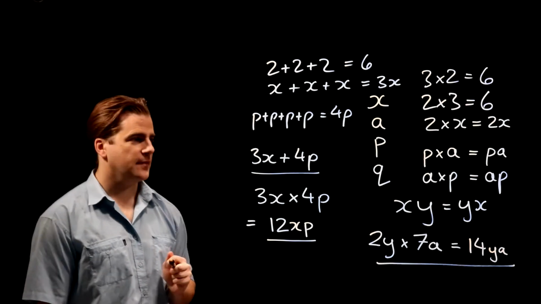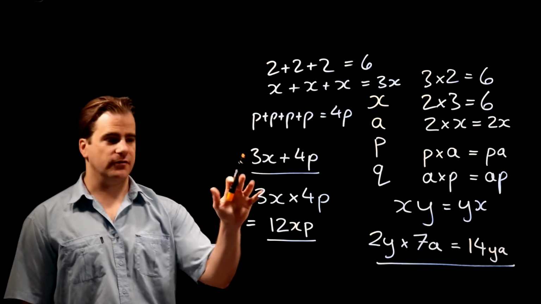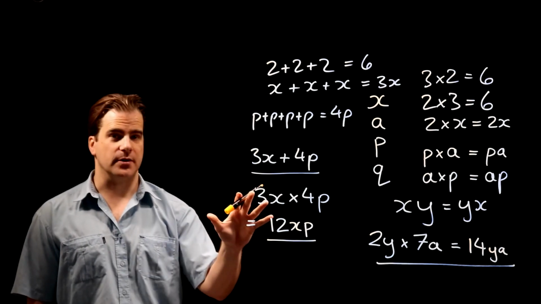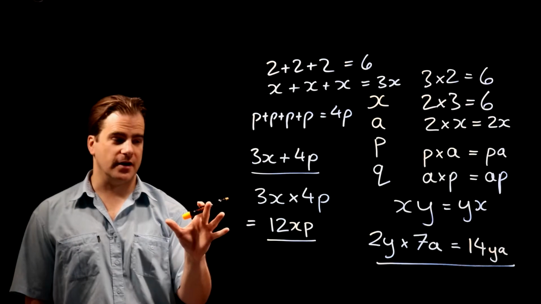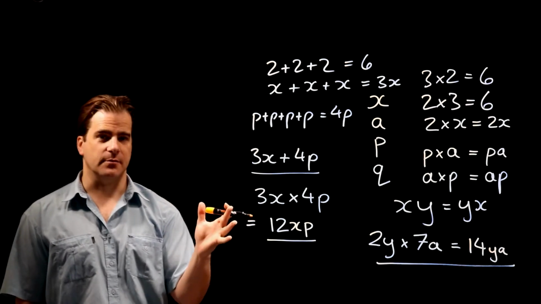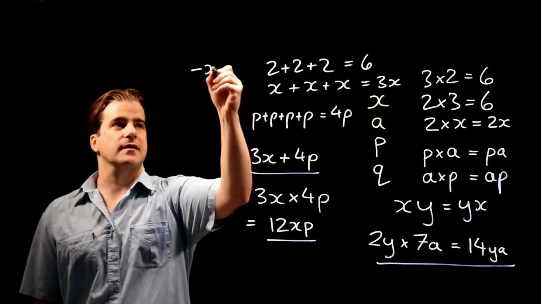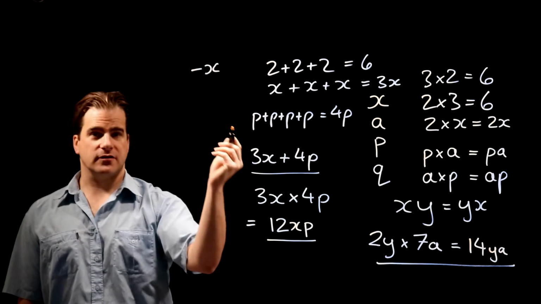Right. Always remember throughout this, if it ever becomes confusing, these variables, these letters, they're just numbers, okay? So because they're numbers, we can also have negative numbers and negative variables, such as minus x, okay? And you can subtract.